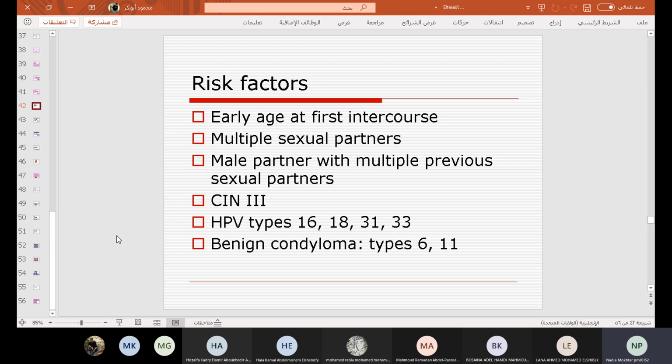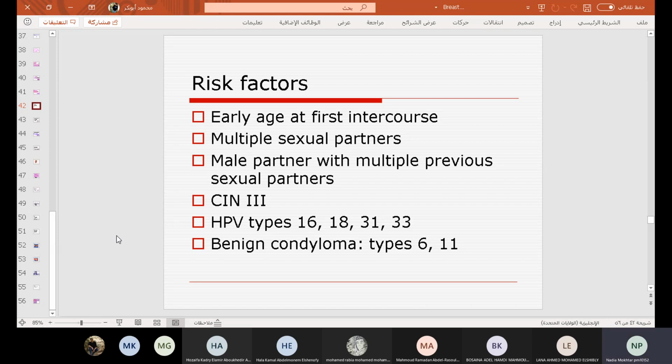If it is positive for 16, 18, 31, 33, then this lady is at very high risk to develop cervical cancer. While if the types are 6 or 11, then she will only be at risk to develop benign conditions.